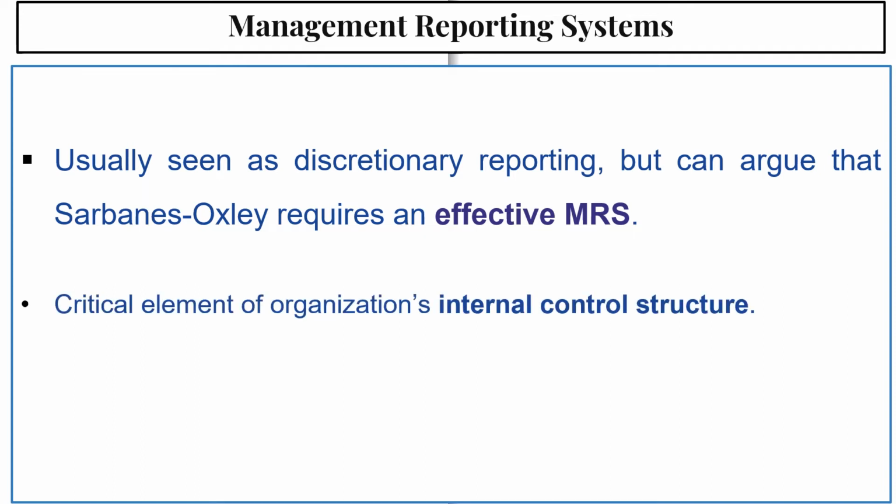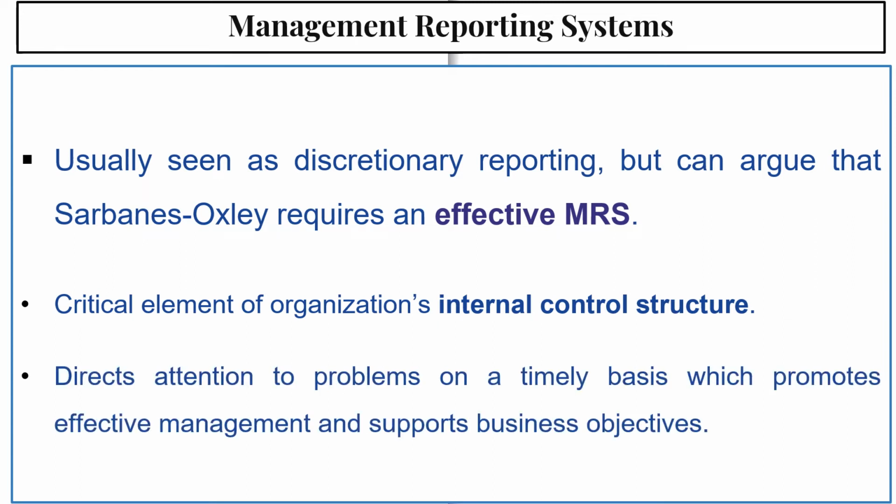A critical element of organizations is the internal control structure, because it is based on the internal users, and so we need to ensure that the internal control structure is effective and strong. It directs attention to the problem on a timely basis, which promotes effective management and supports the business objectives.